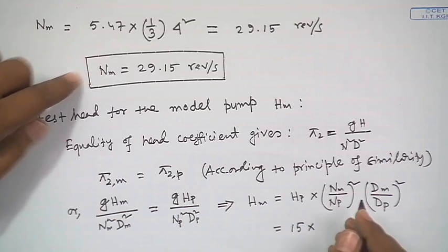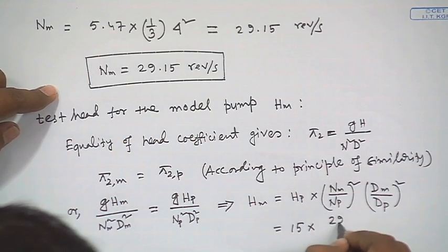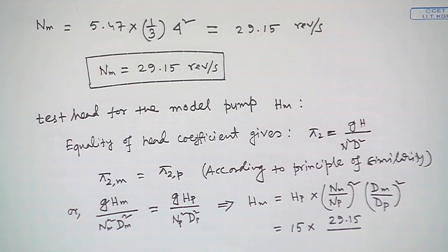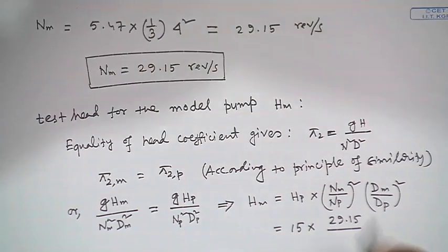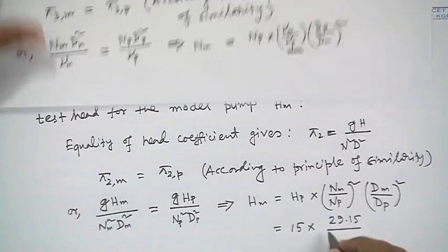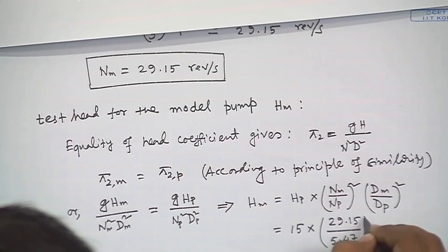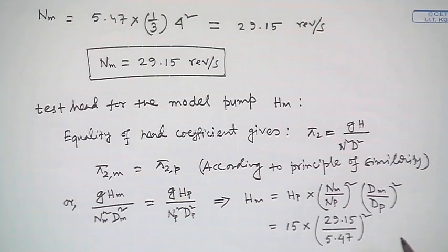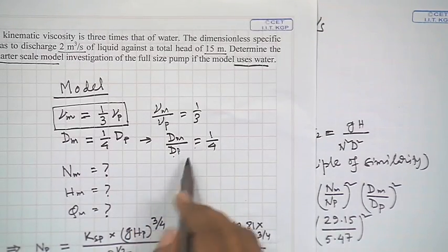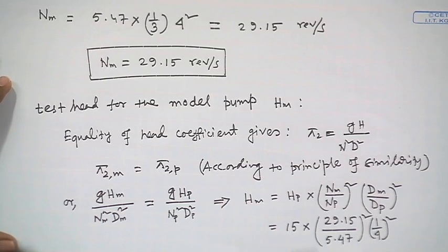Nm we have obtained as 29.15 revolutions per second. Np is also obtained previously as 5.47 revolutions per second, whole square, and dm by dp is equal to 1 by 4 square.